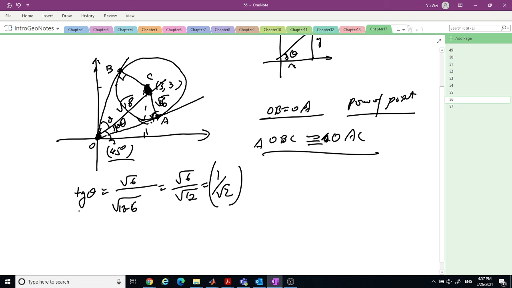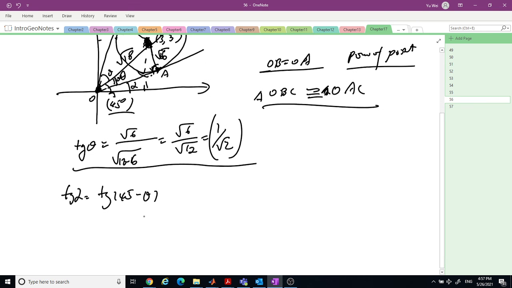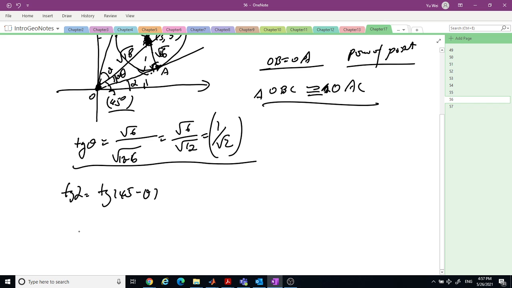So the smallest, this alpha, the tangent alpha will be tangent of 45 minus theta, and the alpha max will be tangent of 45 plus theta, right?